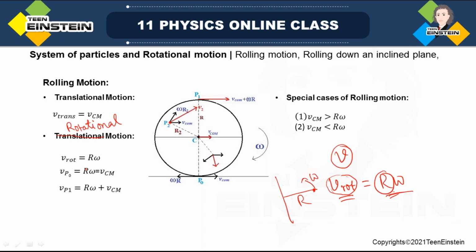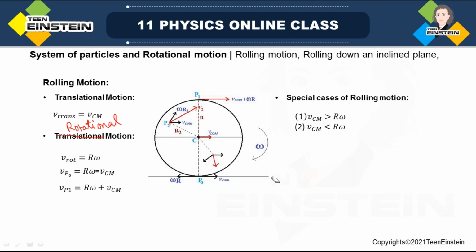So v rotational is equal to r omega, where r is the distance from the axis of rotation. In this case, the axis of rotation is passing through the center of mass. We have considered the point P2 at distance r2 away.